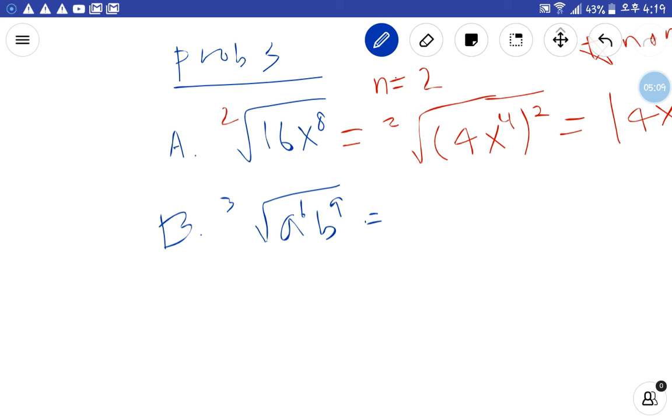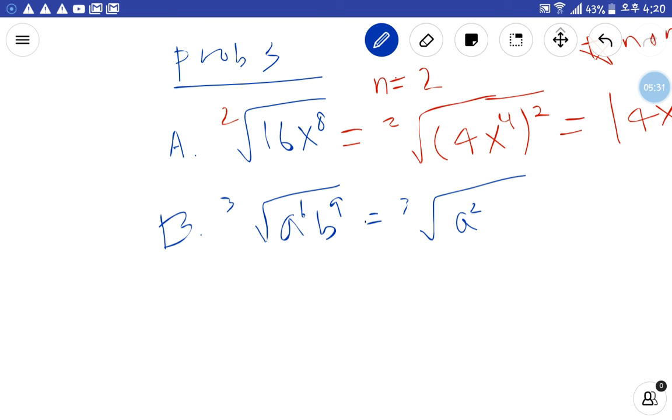So, you need to express your a to the 6th power, b to the 9th power in terms of something to the 3rd power. So I can give you a hint. You can just simply divide 6 by 3, 9 by 3. You just put the quotient in it. So 6 divided by 3 is 2, so a squared.